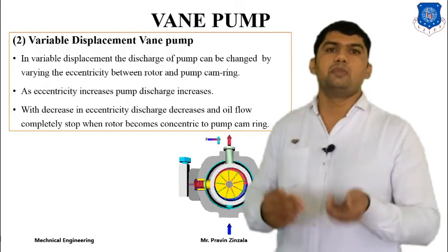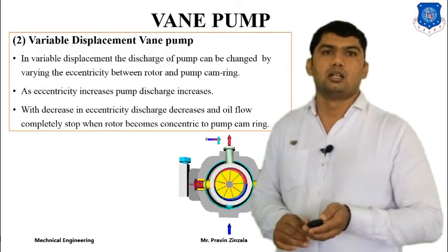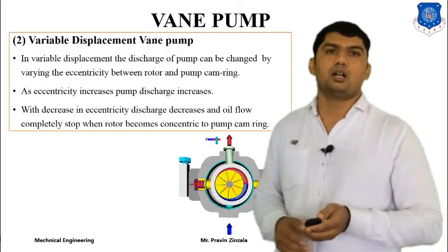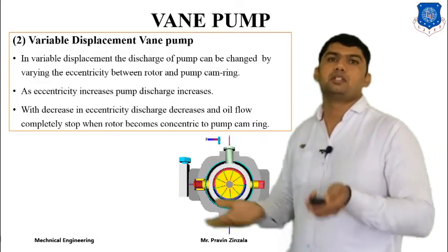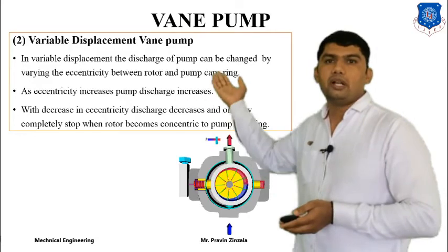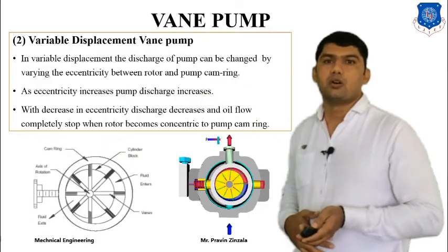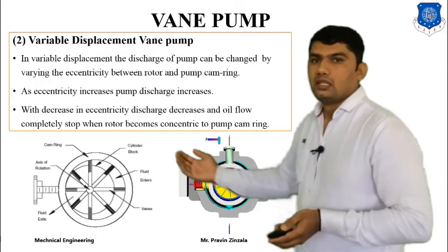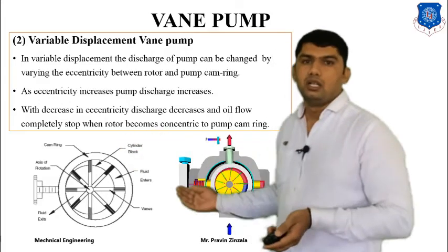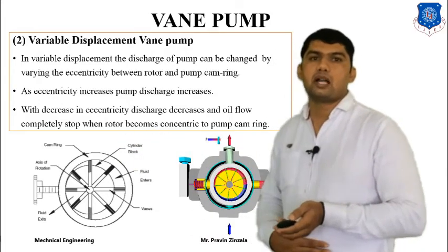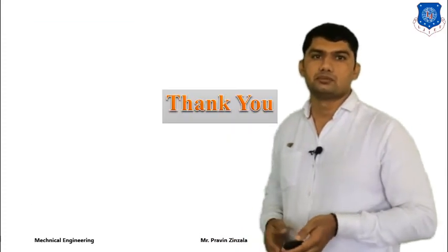So the output remains variable according to our requirement. If the eccentricity is equal to zero, there will be zero output. So according to the eccentricity, you can also set the output of the pump. This is the schematic diagram of a variable displacement pump. Here the displacement is provided by utilizing a spring.